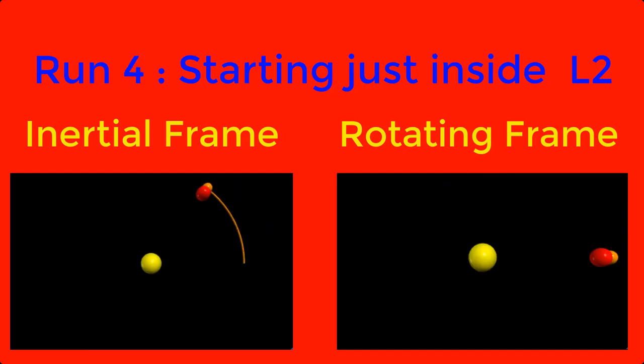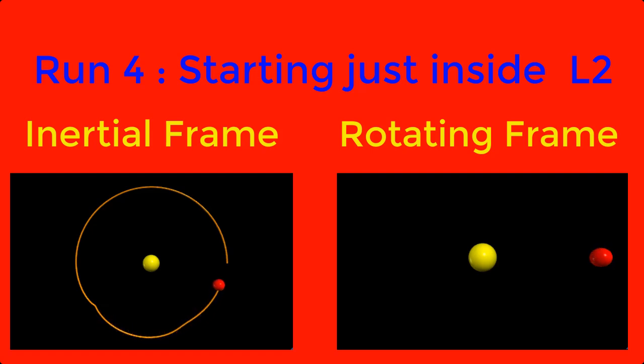Now starting just inside the L2 point, you can see not a great deal happening for a bit, but now it does seem that the object has started moving around body 2 in red. It does seem to move from being outside to inside body 2.